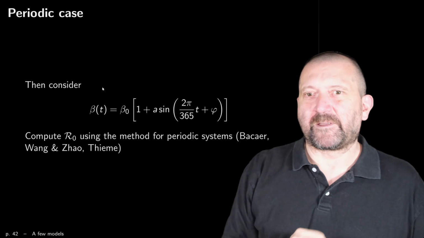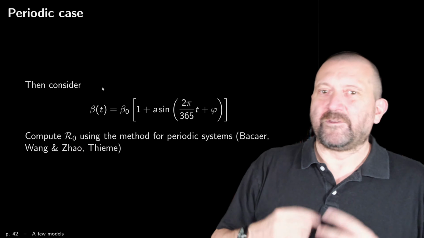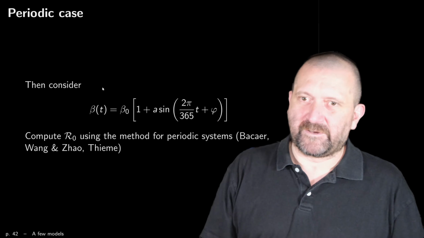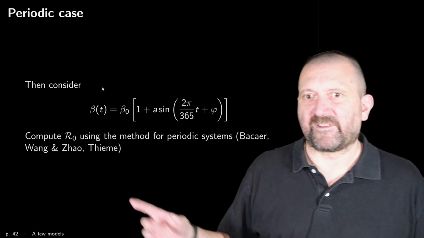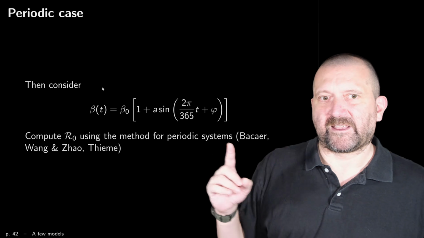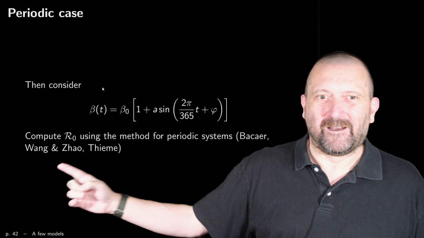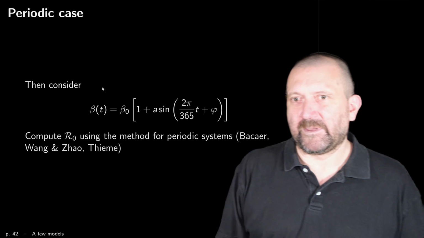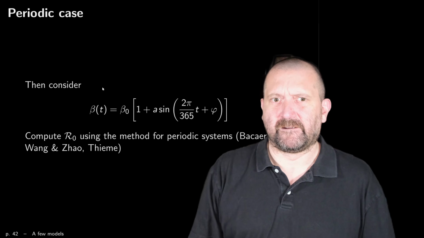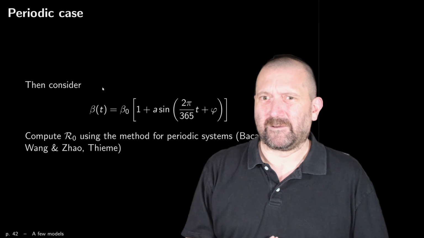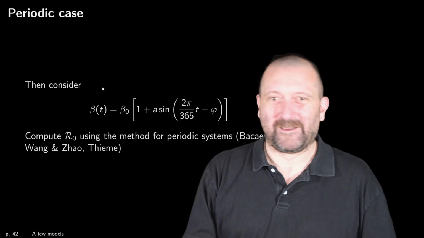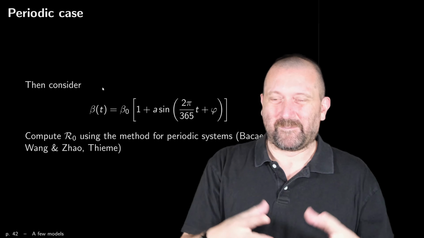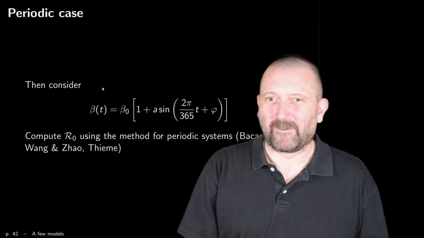And what they do is they compute R0 using methods that were developed for periodic systems. I'll point out there's work by Bacaër, Wang and Zhao, and then Thieme, and I think Zhao. I got a paper from him just the other day about this type of problem, but in functional equations.